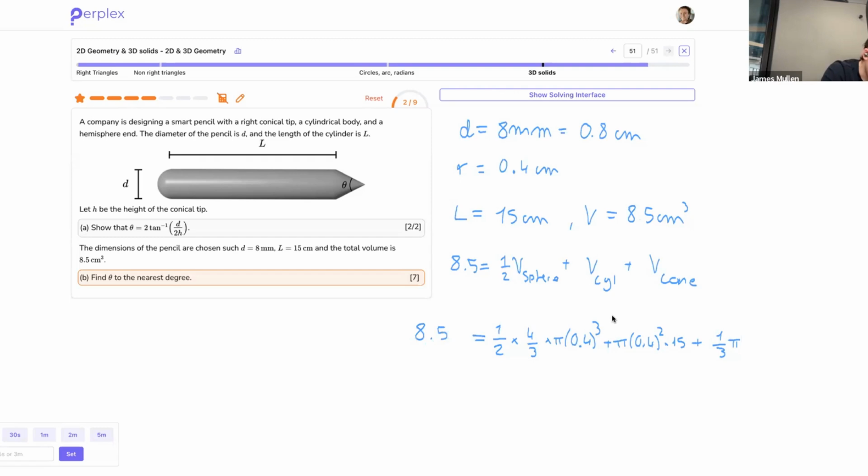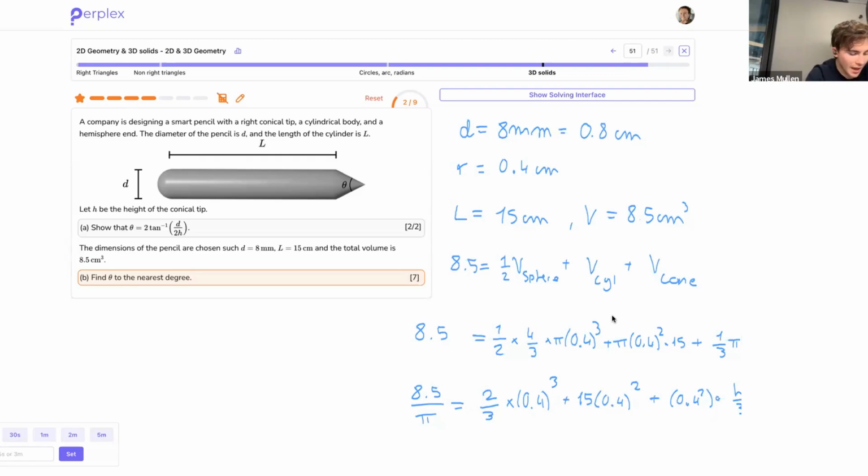All right, so if this is all equal to 8.5, I'm going to write out as much as I can here on the left-hand side. First thing I'm going to do is divide, because every term on the right-hand side has pi in it. So I'm going to write 8.5 over pi. I'm going to divide through by pi, and that gives me 1 over 2 times 4 over 3, which is 2 over 3 times 0.4 cubed, plus 15 times 0.4 squared, plus 0.4 squared times h over 3.